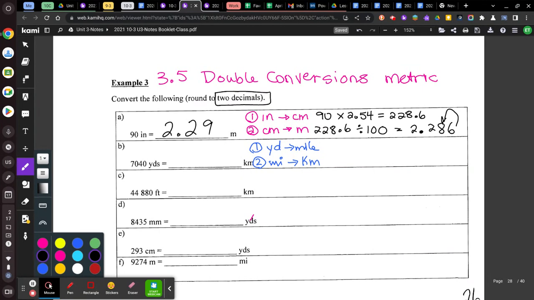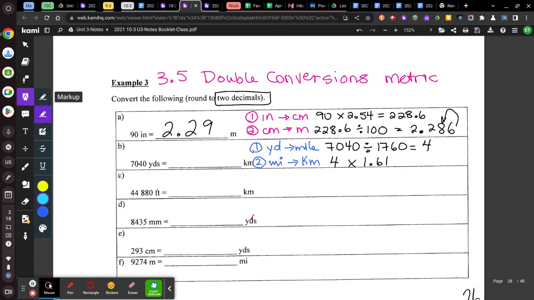That's where we're going to get that number 1760. So we take our number 7040 yards and we divide by 1760. That's going to give us 4 miles, almost exactly 4 miles. So now we take that answer and we multiply it by 1.61.